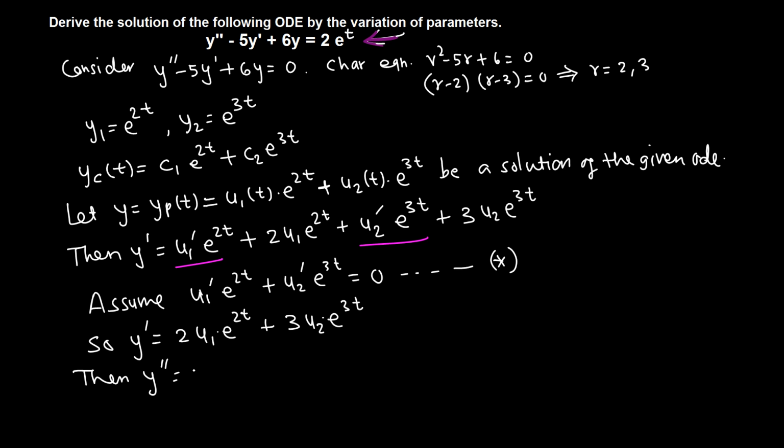The derivative of 2u1 is 2u1 prime e2t plus the derivative of e raised to 2t, that's 4u1 e raised to 2t, plus, using another product rule here, the derivative of 3u2 is 3u2 prime, leave e raised to 3t alone, plus the derivative of e raised to 3t, which is 3 times itself, so 9u2 e raised to 3t.